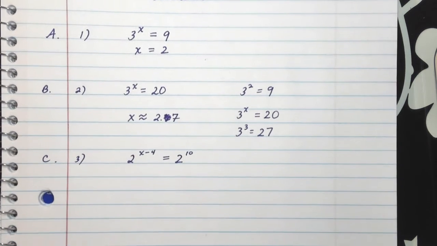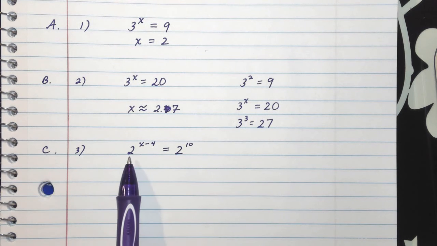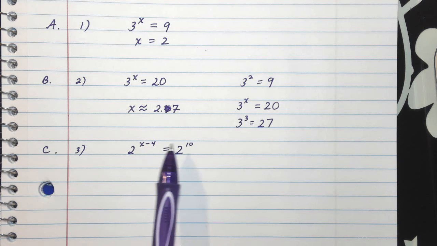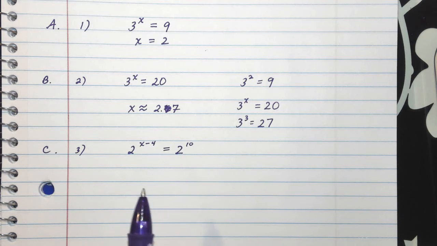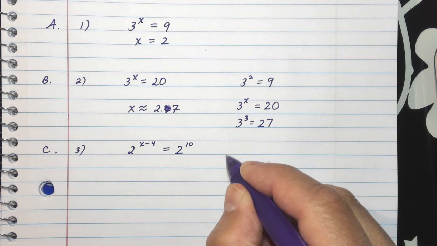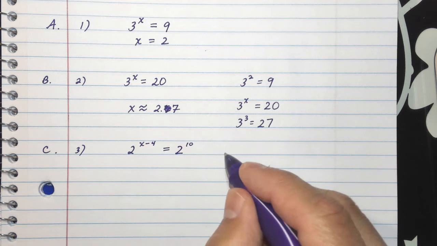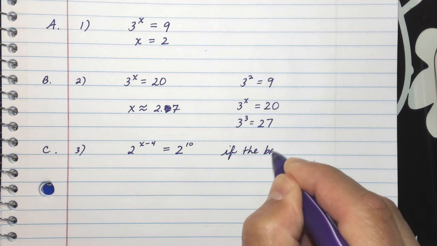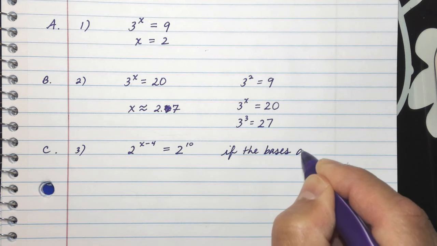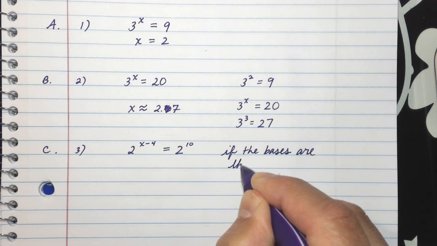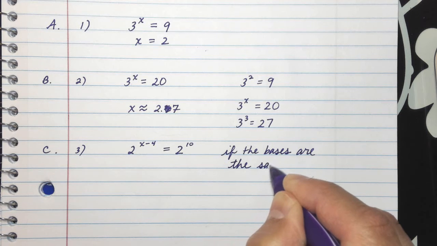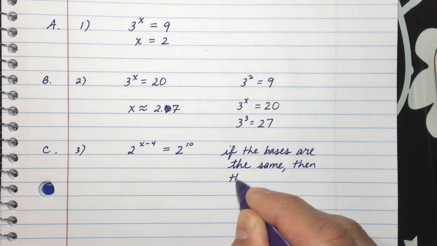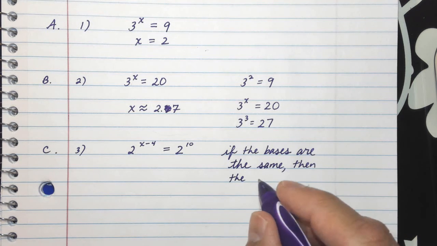So, these type of problems, as long as the bases are the same, the exponents must be equal to each other. And that is pure logic if you think about it. If the bases are the same, then the exponents must be equal to each other.